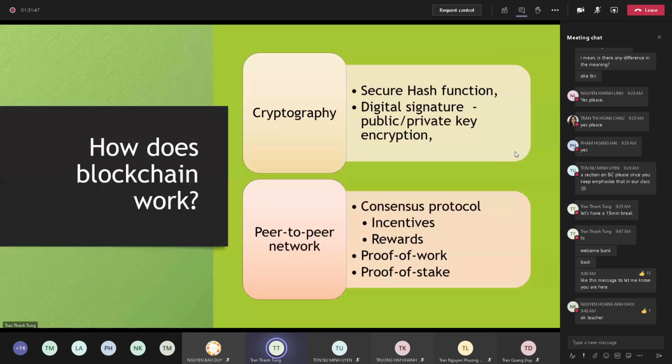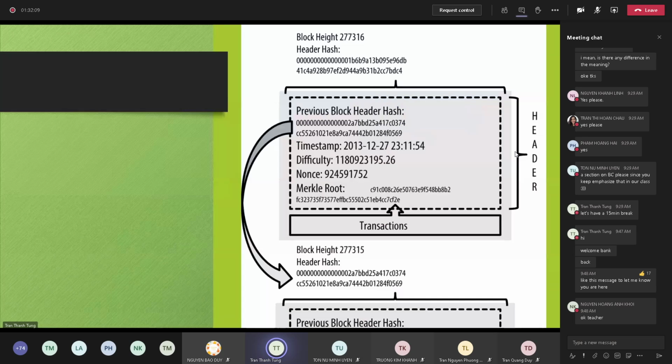Actually, all of these things are based on something we call digital signatures, or public-private key encryption. That is the key notion, and there is the hash function. Let's keep it for a moment, but just know that it is using public key and private key encryption. Now we have two things: how the blocks link to each other.